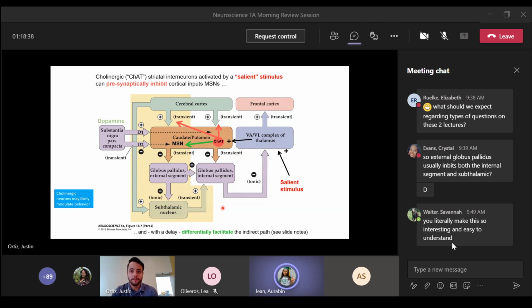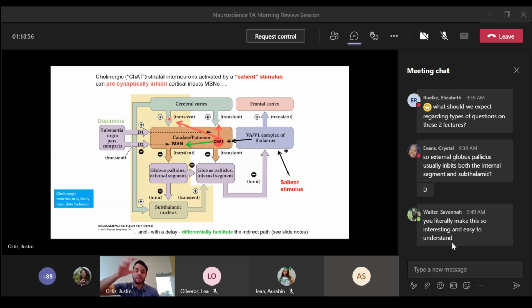Justin, can you explain the part where the acetylcholine goes into the striatum? What happens to the cerebral cortex again? Yeah, so this acetylcholine actually activates M2 receptors presynaptically from the cerebral cortex.